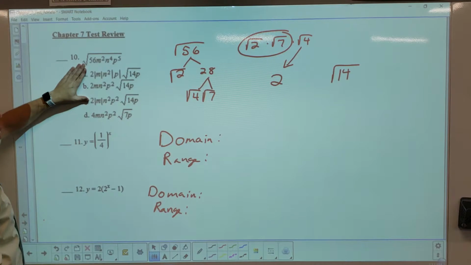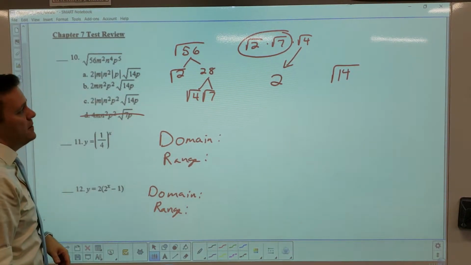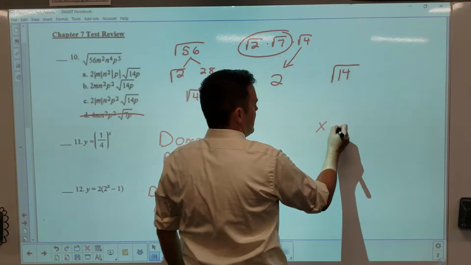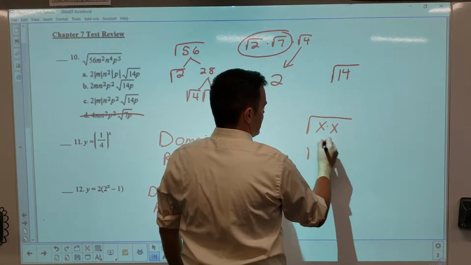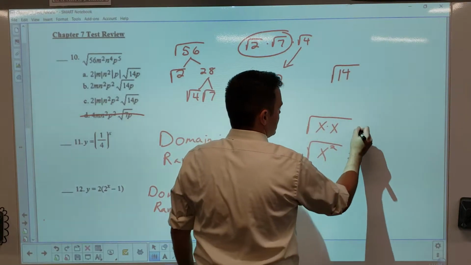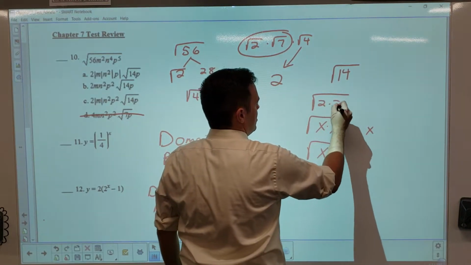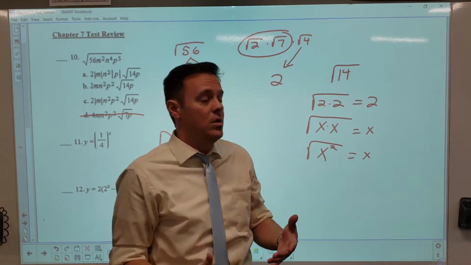If you look at your answers, you kind of see we're going along the right track, so D is off the board right away. Now you have to figure out, as we had talked about in class, knowing that basically the square root of x squared equals x, all right? Same analogy goes with 2 times 2, all right? The square root of 2 times 2 is actually 2.